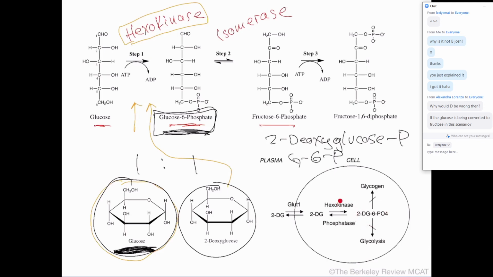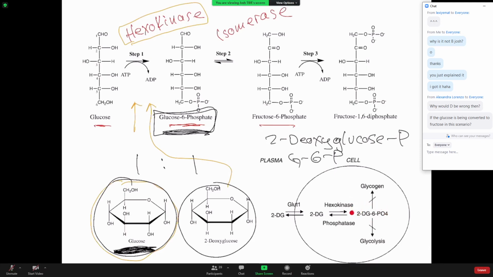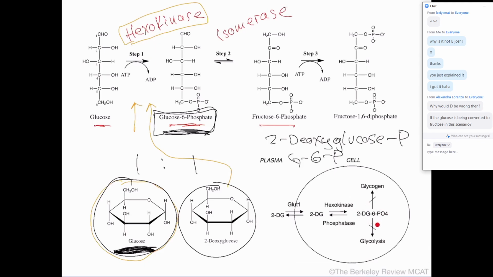Hexokinase will work on it, and you'll get 2-DG 6-phosphate, but you're not going to get 2-DG 6-fructose, or whatever, the 2-deoxy fructose. You're not going to have that. Okay. Does that make sense?